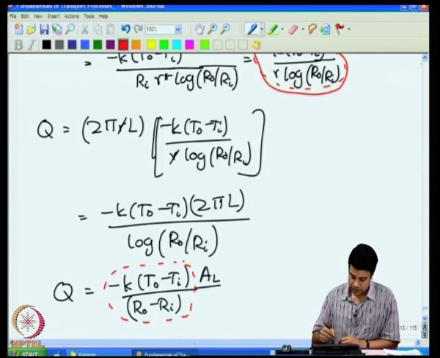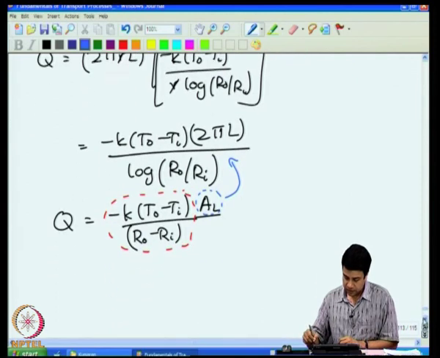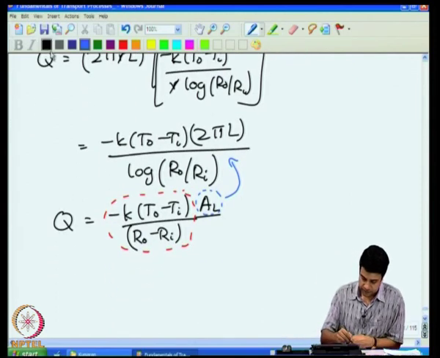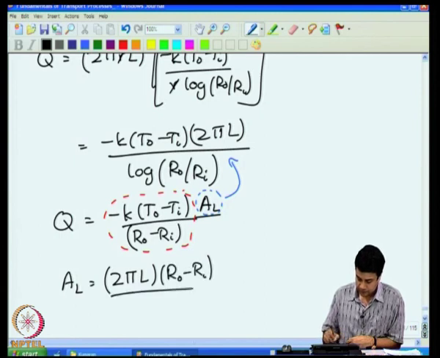This area A_L can be determined by comparing it with this equation. Just by comparing the two, you can see that A_L has to be equal to 2 pi L into R_o minus R_i by log.